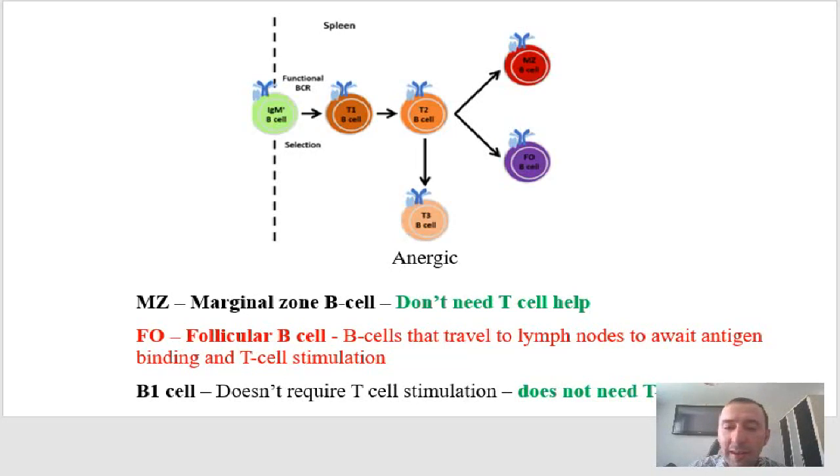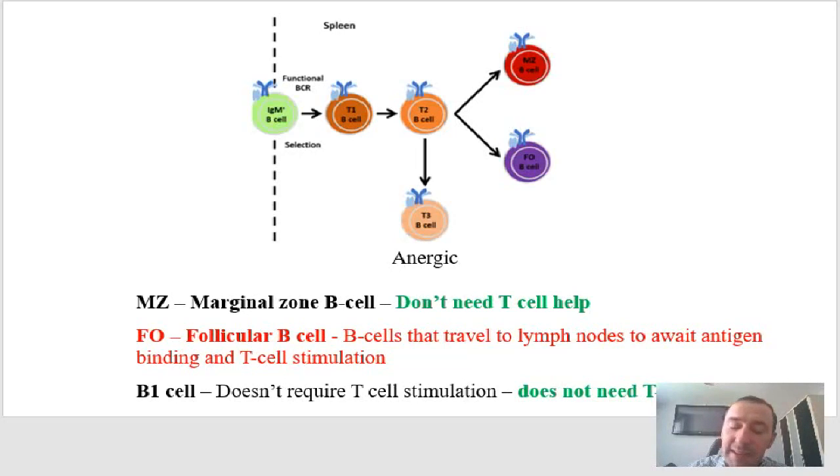Now, for the majority of the material that you'll be dealing with, you'll be looking at the activities of a follicular B cell. But for your own knowledge, a marginal zone B cell is a B cell that doesn't need T cell help, so it can become activated without the help of a T cell. It also stays in the spleen.